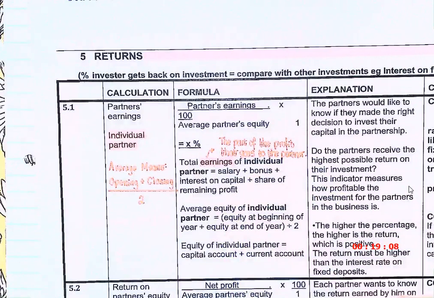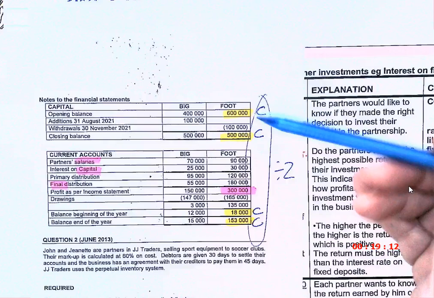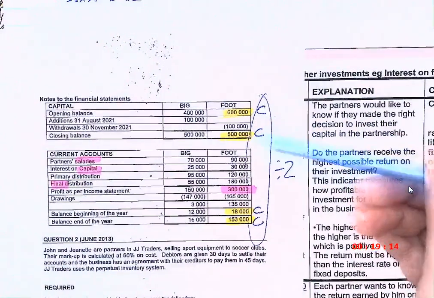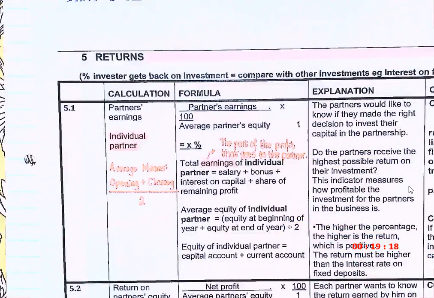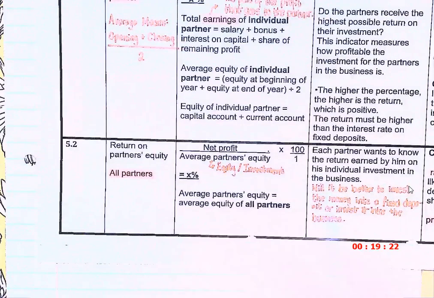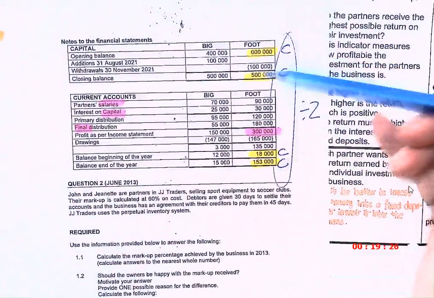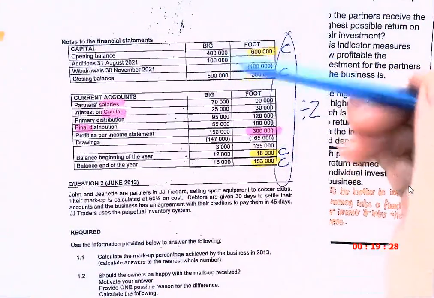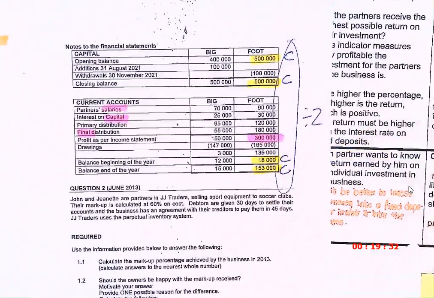And if you look at the bottom, this is his equity, meaning the average of his capital and his current. Here, it would have been the total of all the partners, so I would have had more.